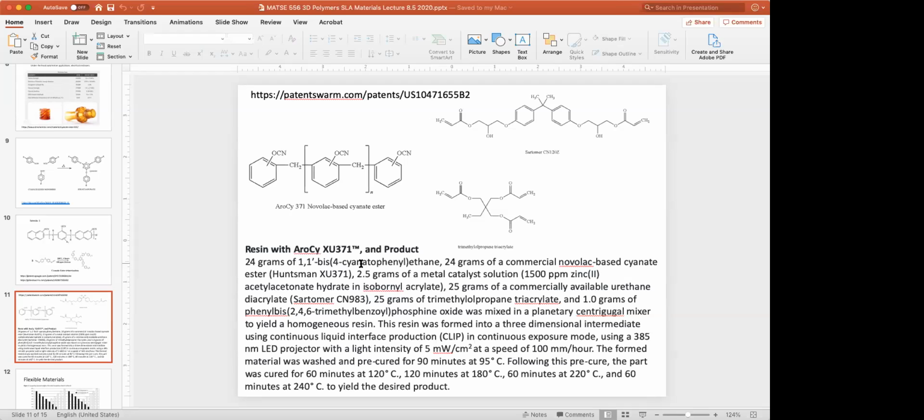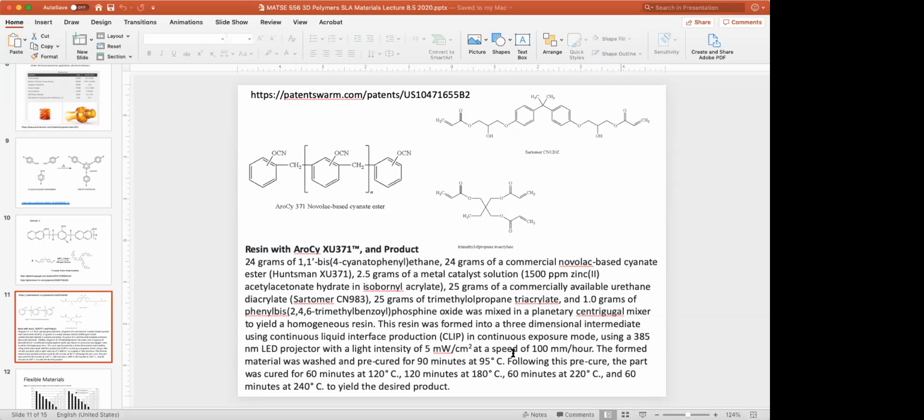So they take their mixture of cyanate ester, this Huntsman XU371, 2.5 grams of catalyst, and then they take 25 grams of this polyurethane-based diacrylate, and they basically mix this up and then print it.